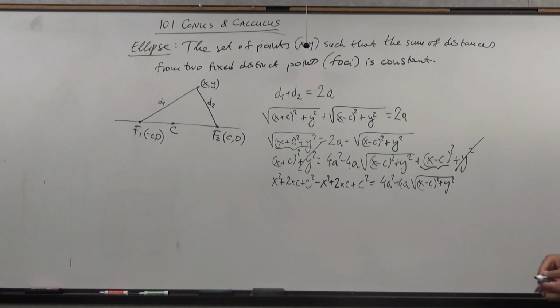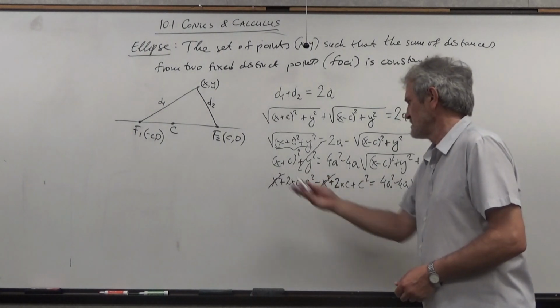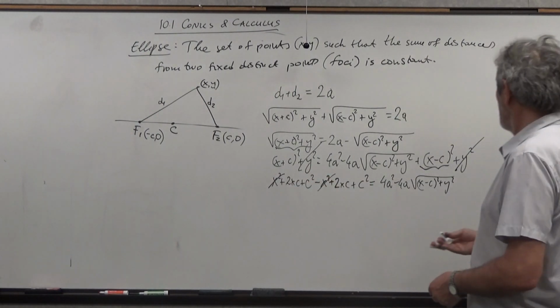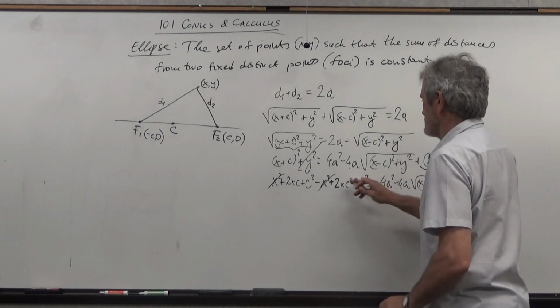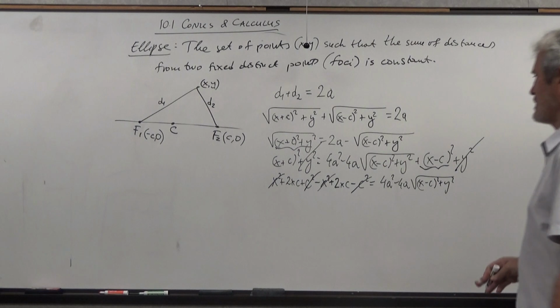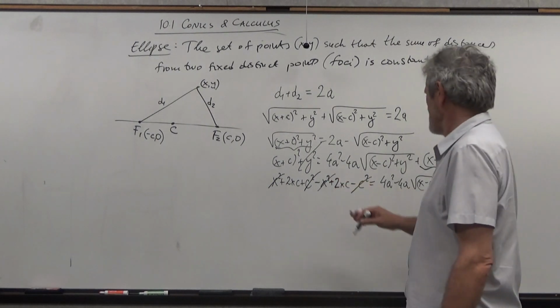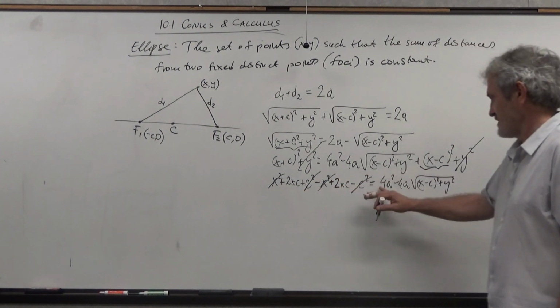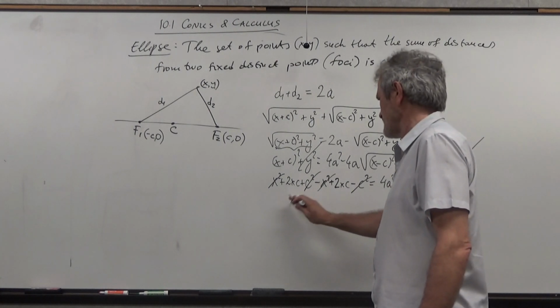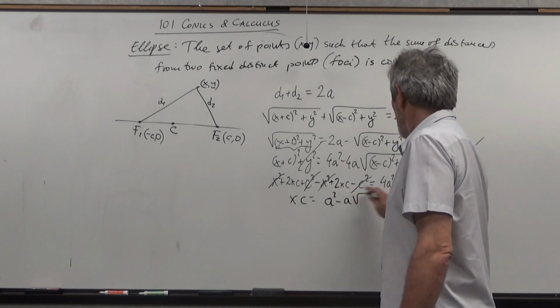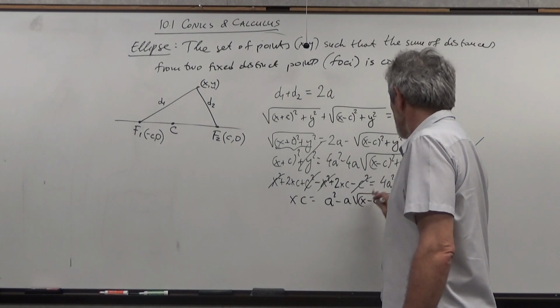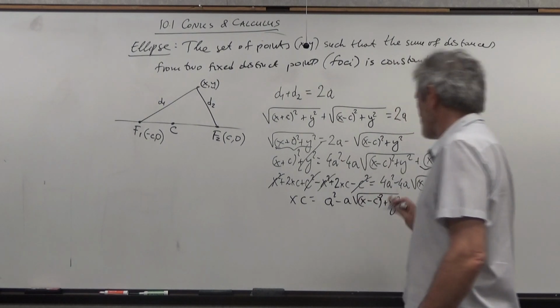These guys cancel. It was plus on this side, so it really also cancels. So I actually get 4x here. Everybody has 4, so I cancel it, and I get x equals a squared minus a times the square root of (x minus c) squared plus y squared.